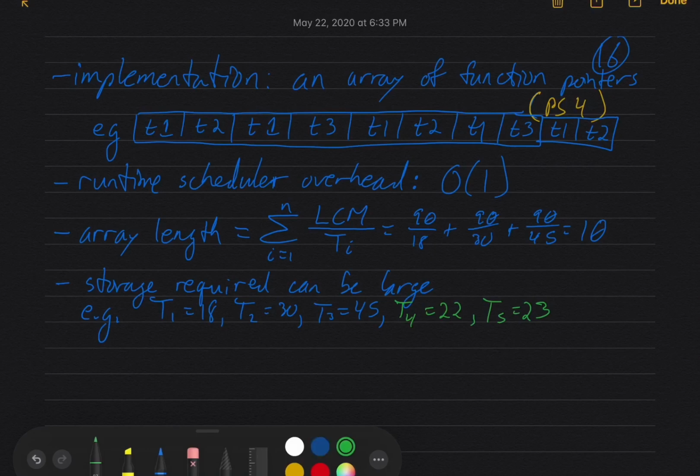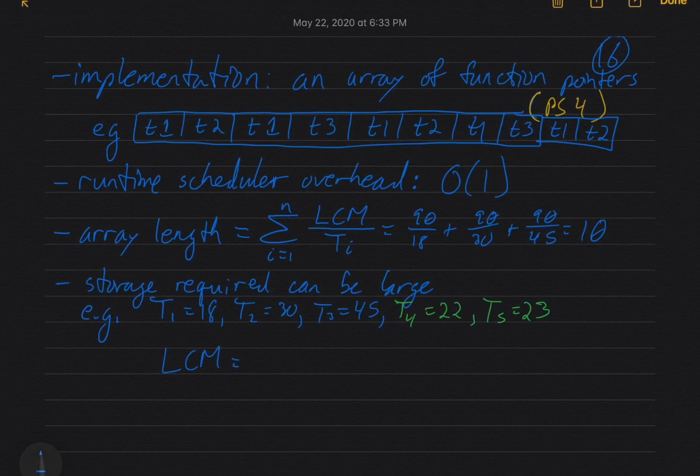So then the least common multiple is equal to, well, if we look at the prime factors of T4, 22, that's 2 times 11. Those are the two prime factors. And the prime factor of T5 is singular, it's 23.